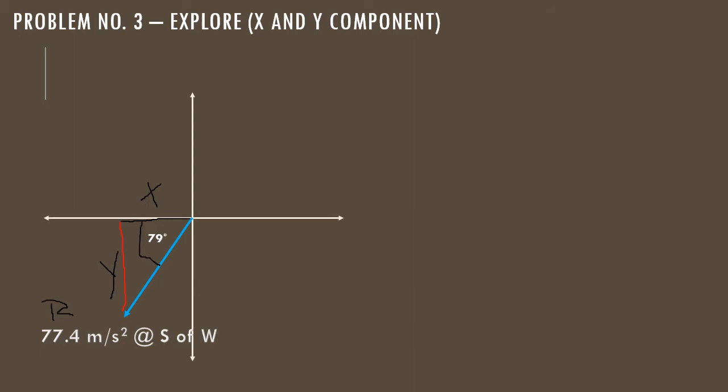So, what function are we going to use? Parehas lang, sine and cosine. So, sine 79 is equal to opposite, which is y, over hypotenuse, which is 77.4. So, pagkakaroon tayo ng cross multiplication.